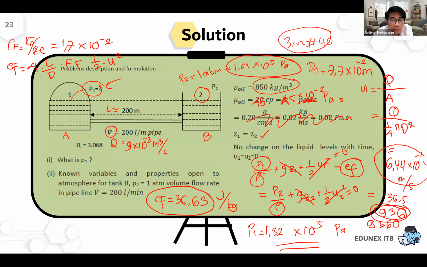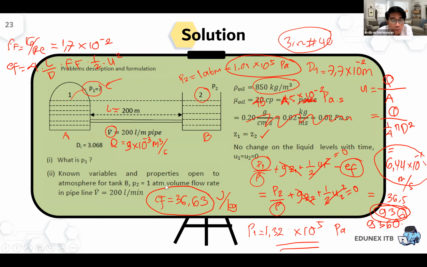Even if you were asked to give the value in another unit, you can just convert it into the unit that you need to provide. But you need to understand what kind of parameter you have to calculate first.